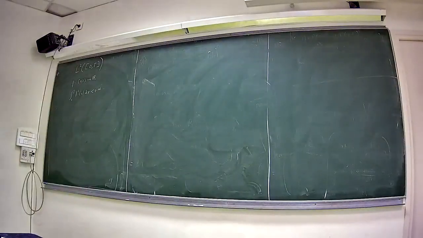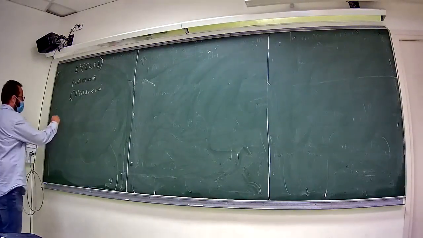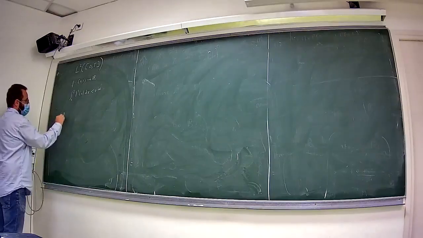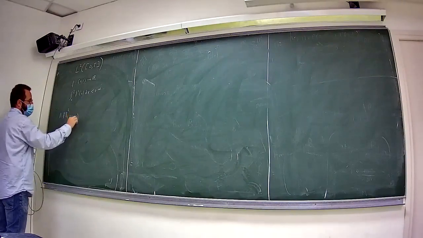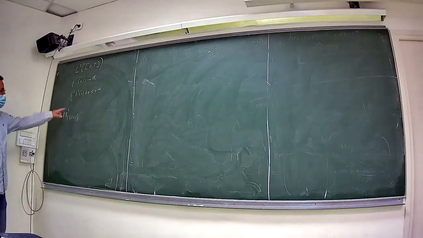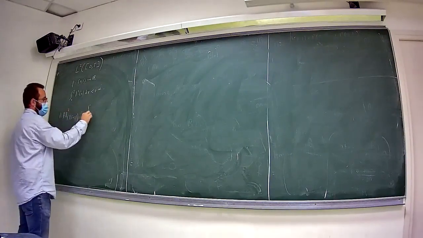So you know that in this space I can define the norm. The square of the norm is just the integral of the square.